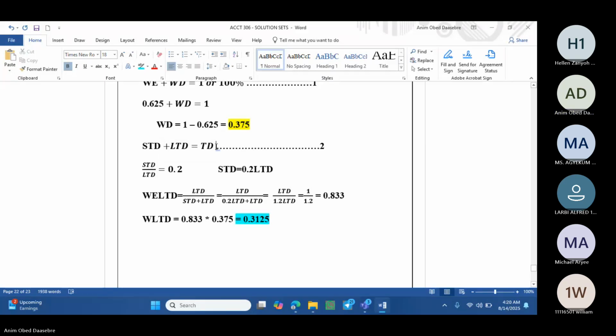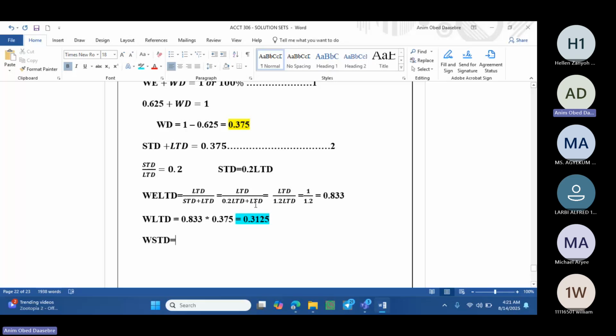Now, out of this equation, equation 2, the total debt is 0.375. So now that we have our long-term debt portion, we can change the subject to find the short-term debt too.